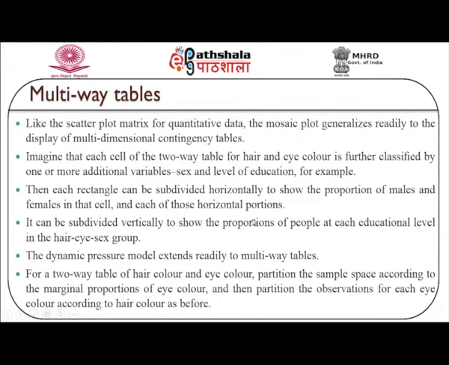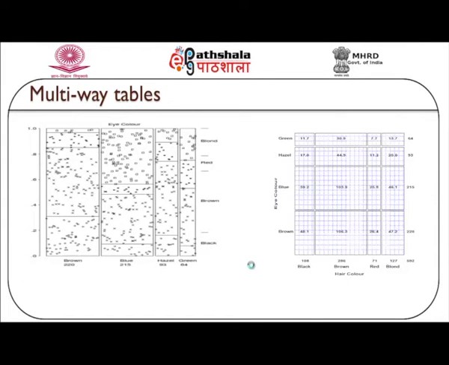For a two-way table of hair color and eye color, partition the sample space according to the marginal proportions of eye color and then partition the observation for each eye color according to the hair color as before. So this is a representation of the multi-way table. We can see the eye color in the first table and the hair color in the second table.